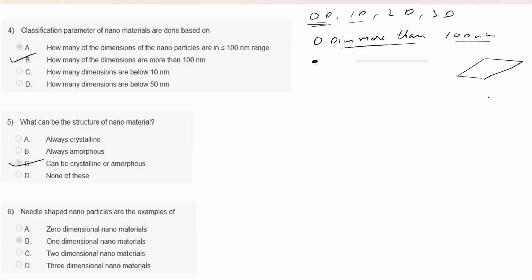Needle-shaped nanoparticles are an example: again, we have one dimension which is greater than 100 nanometers, and the other two are less. So this is 1D, an example of a one-dimensional nanomaterial.